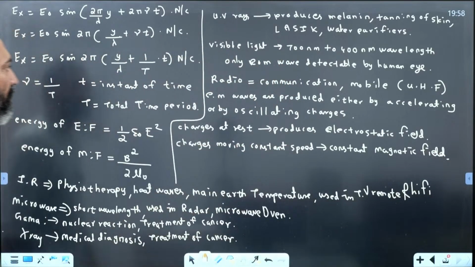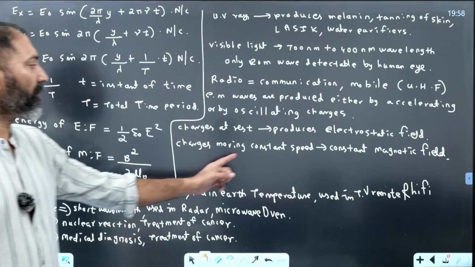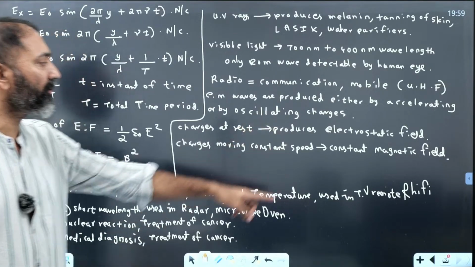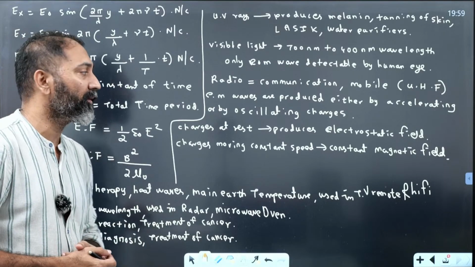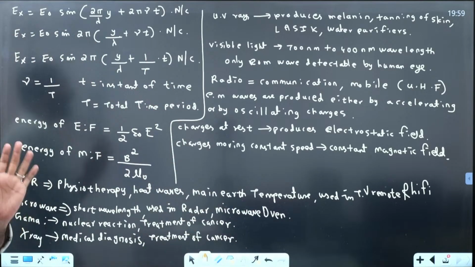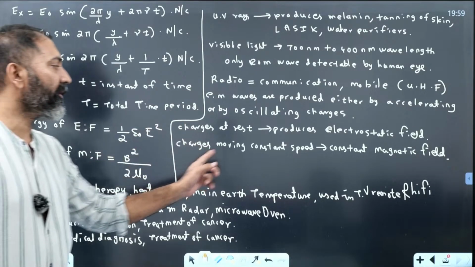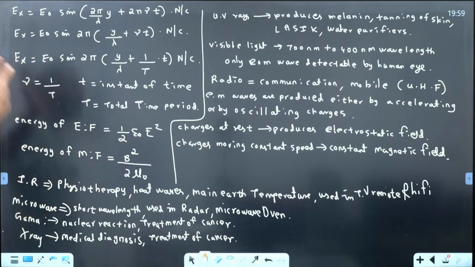See, these are the important points. Charges moving at constant speed produce what? A constant magnetic field. What is our requirement for the production of electromagnetic waves? Either it should be accelerating charges or oscillating charges. Charges at rest, charges moving at constant speed cannot produce electromagnetic waves. Any doubt regarding this?